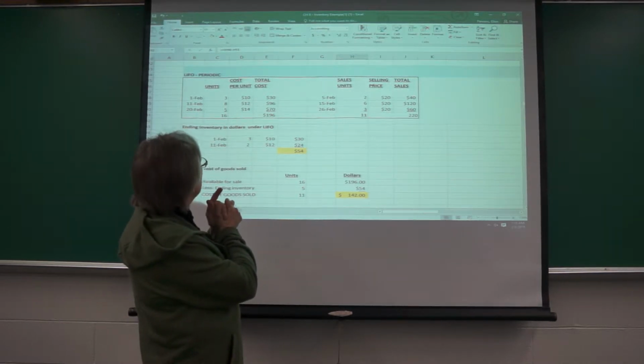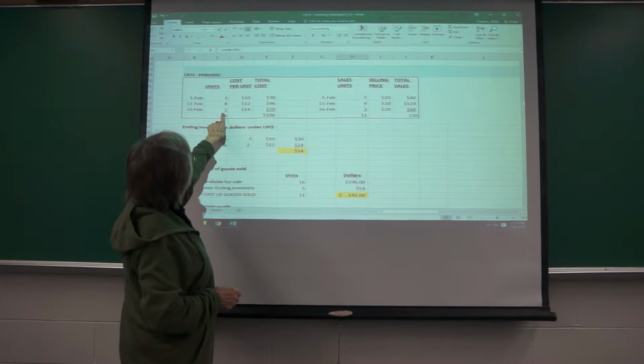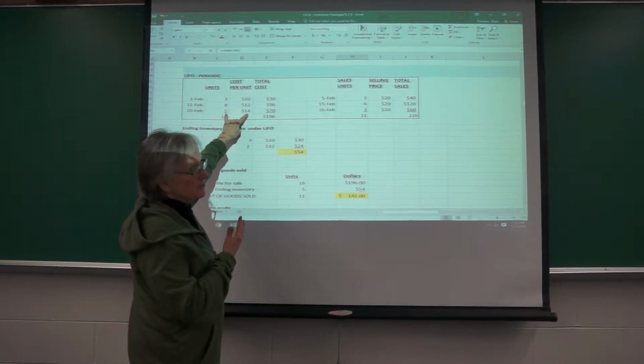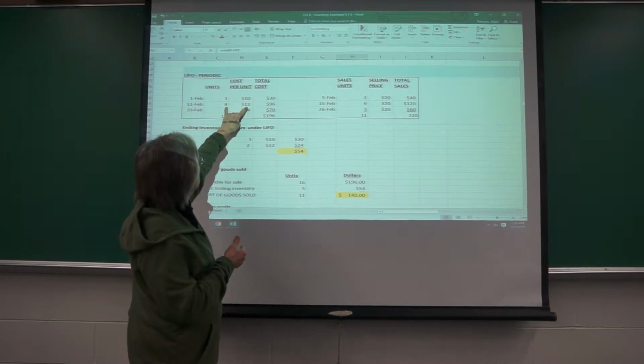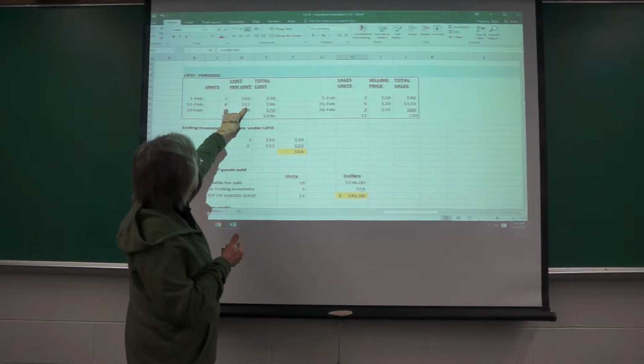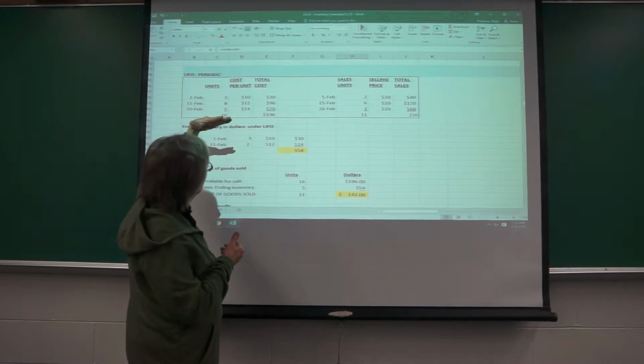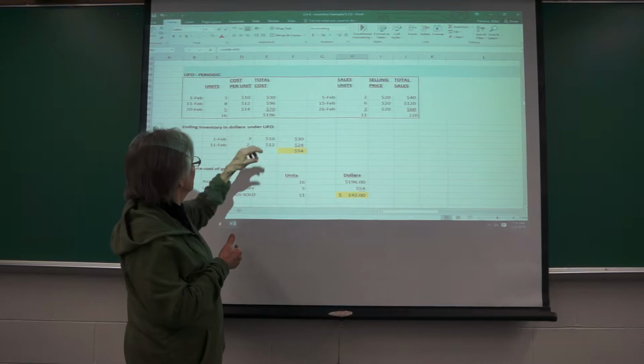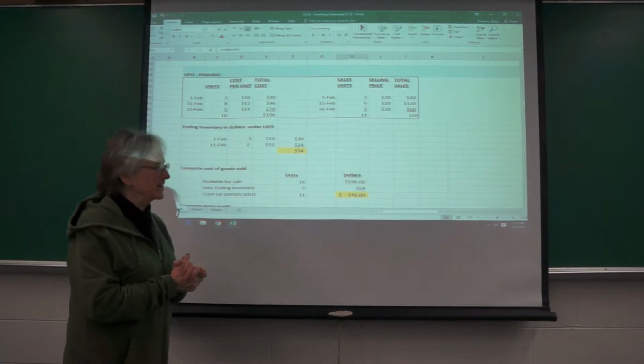We sold all 5 of these at 14 because this is last in, first out. And if we sold 11 altogether, then we must have sold 6 of the ones at 12. So this is what we have left, this is what we sold, and it should always add up to the 196.